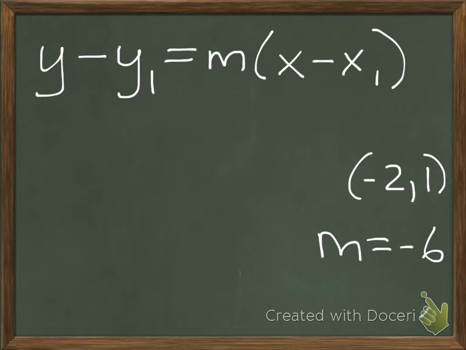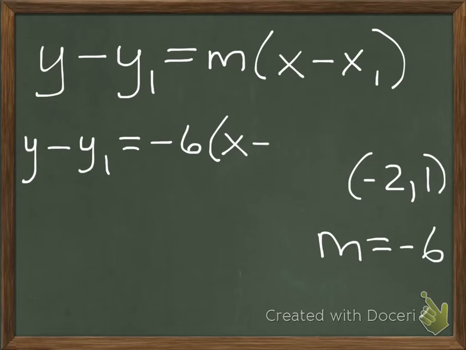Slope represents m, so that's going to go in for m. And then, like I was explaining before, the y coordinate is going to go in for y sub 1, and the x coordinate of my point is going to go in for x sub 1, and the rest will remain the same.